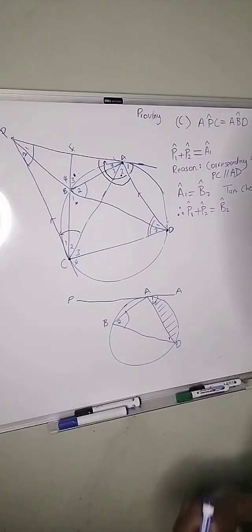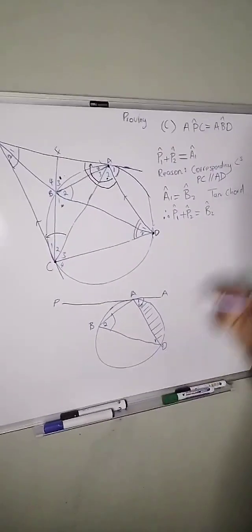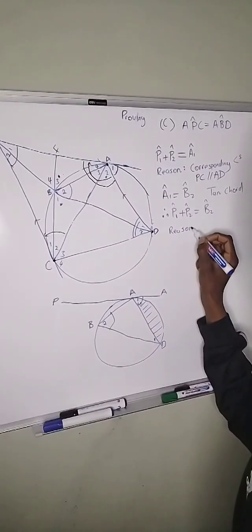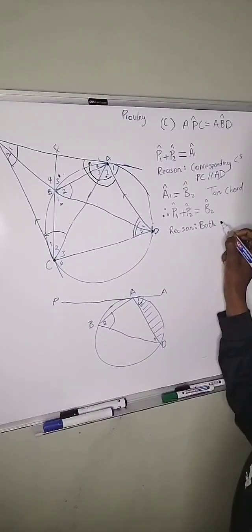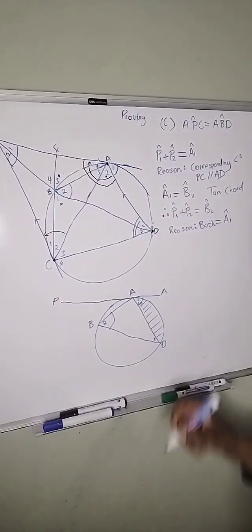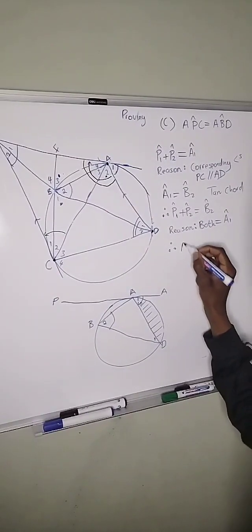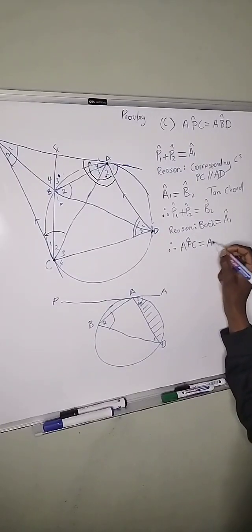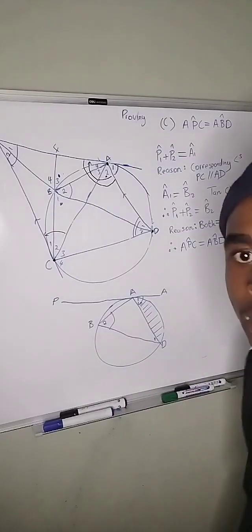What is going to be the reason? The reason is: both equal to A1. Then therefore, angle PC is going to be equal to angle BD. Proven.